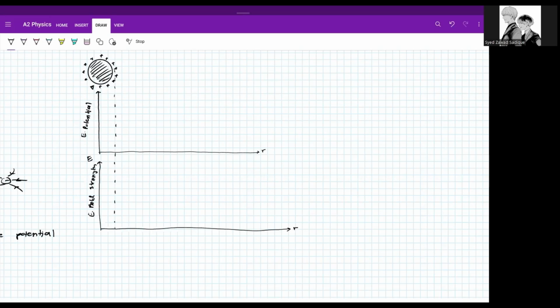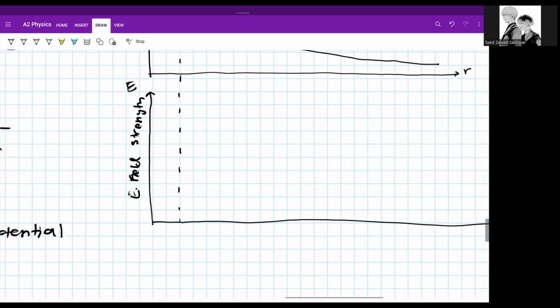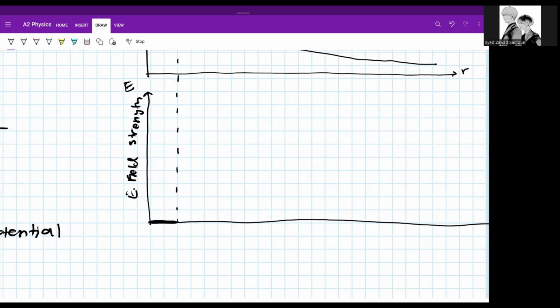Now, considering the surface of the charge, the electric potential has a constant value until the surface, and then starts to decrease in an inversely proportional manner. So we can say V is inversely proportional to R. Then, until this position, the electric field strength of the charged particle is 0.